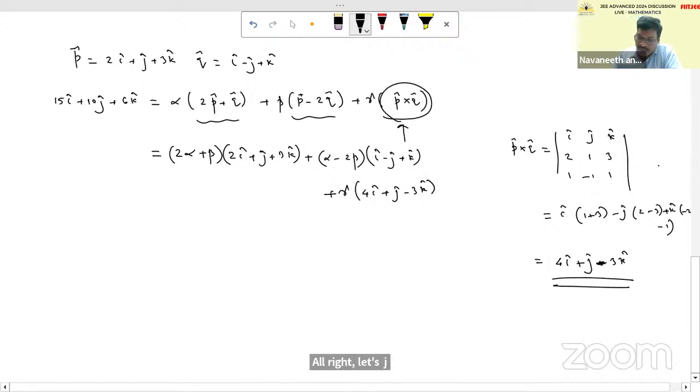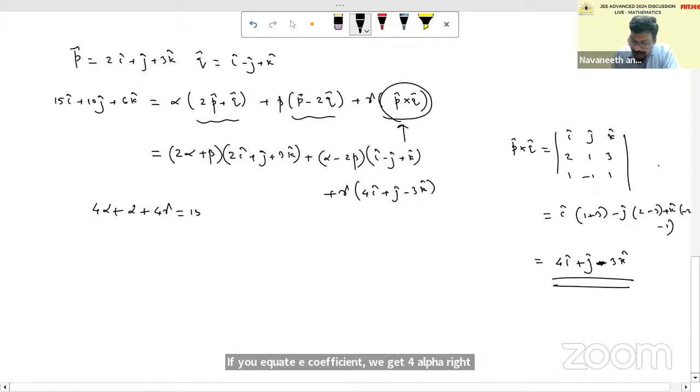Now we'll equate the corresponding i, j, and k coefficients. If you equate the i coefficient, we get 4 alpha plus alpha plus 4 gamma, which gives you 15. That means 5 alpha plus 4 gamma equals 15.